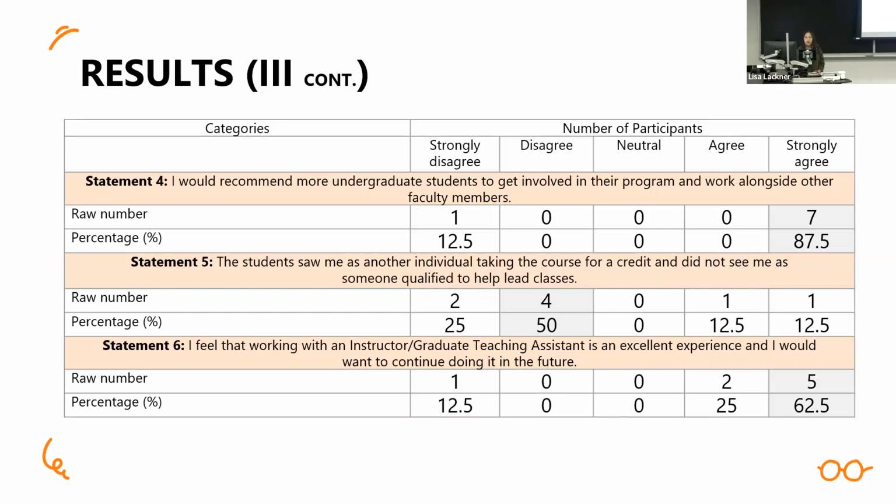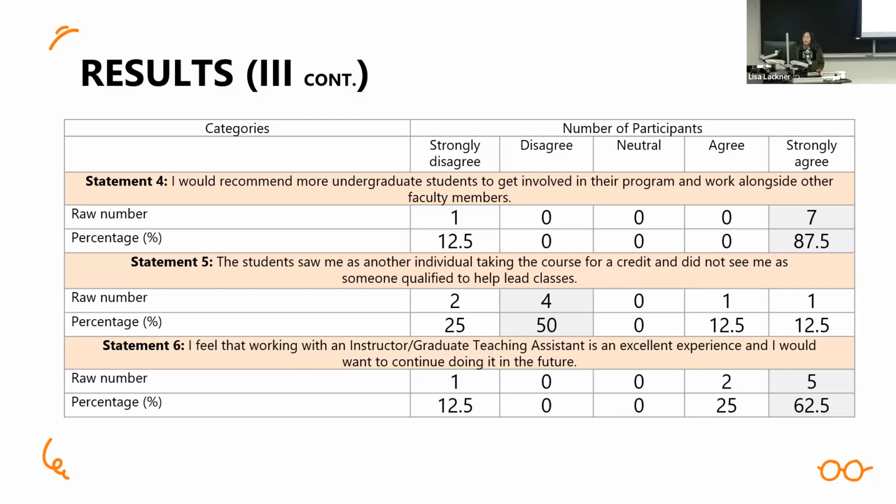Regarding the results of statements 4, 5, and 6, 87.5% of students strongly agreed that they would indeed recommend more undergraduate students get involved in their program, working collaboratively with faculty members.